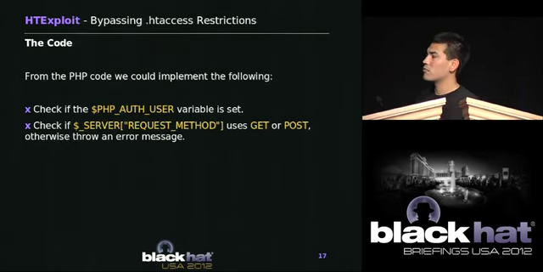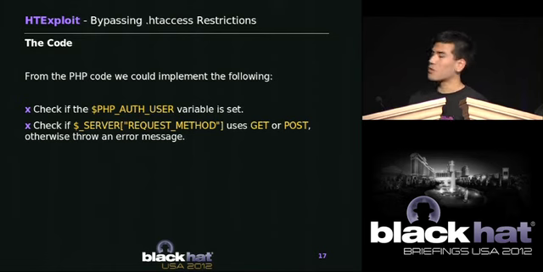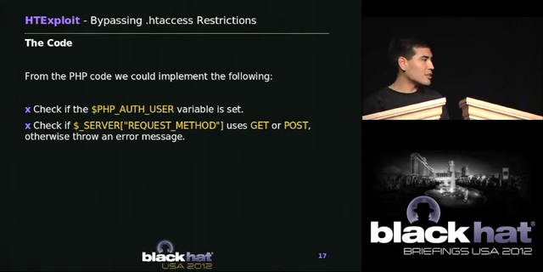If you are a developer, in your PHP code you will check, for example, the PHP auth user, and then you must check, for example, the server request method and see if it uses get or post, and only then accept the request.